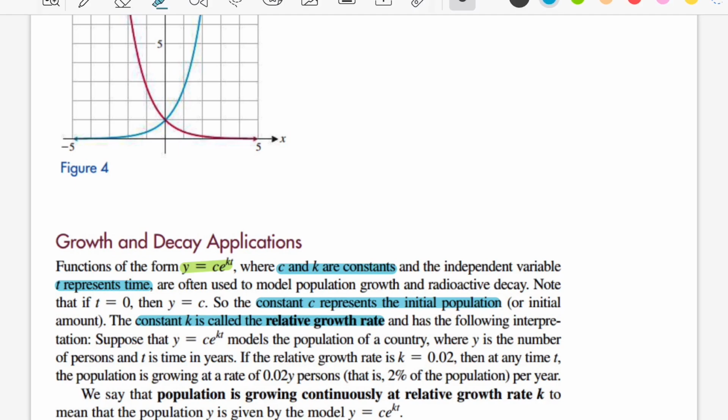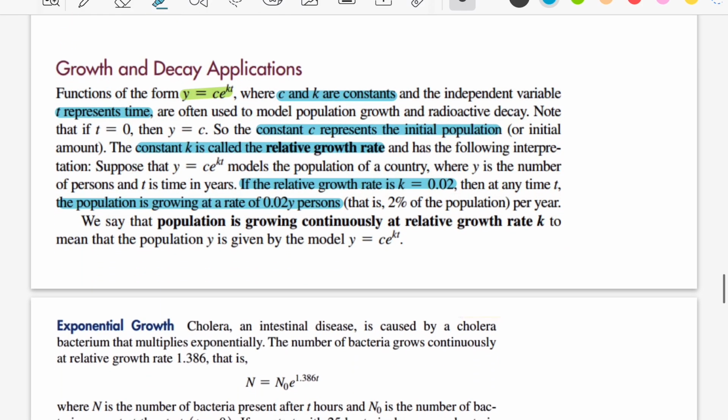If that's the case, and if the relative growth rate k is equal to 0.02, then at any time t, the population is growing at a rate of 2% of the population per year. So in this case, we say that the population is growing continuously at a relative growth rate k. All right, so to better understand this, let's look at an example.